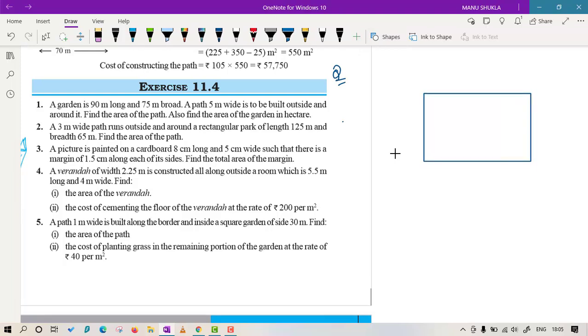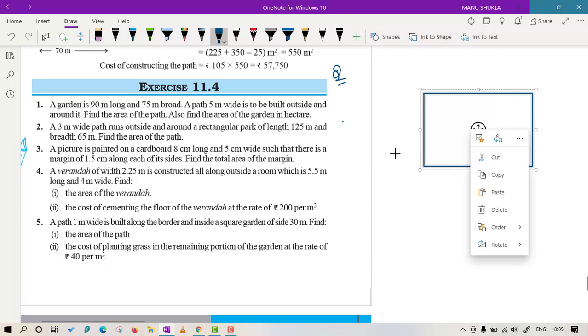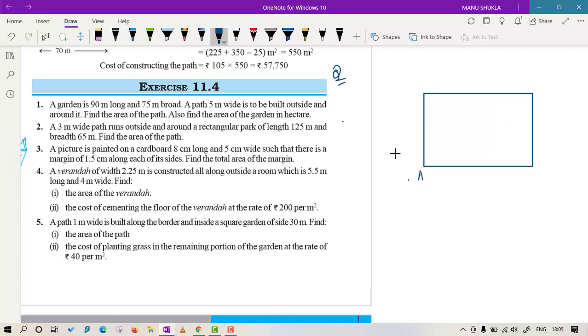Let me call A, B, C, D the cardboard which is 8 cm long and 5 cm broad, such that there is a margin of 1.5 centimeter along each of its sides. Find the total area of margin.